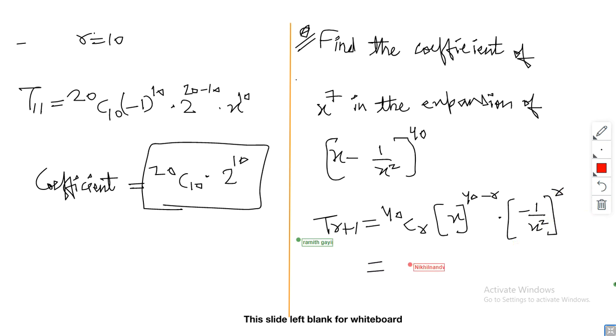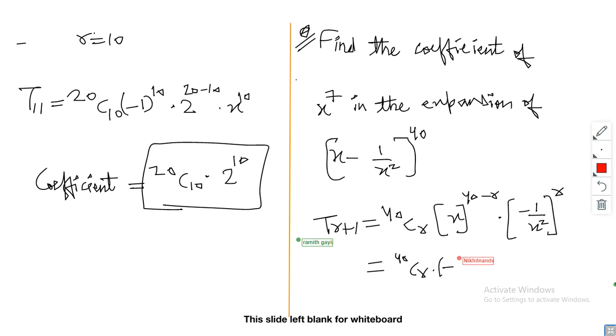So the next step is 40Cr. We will take the x terms together. What will remain in the beginning? So minus x over x squared.